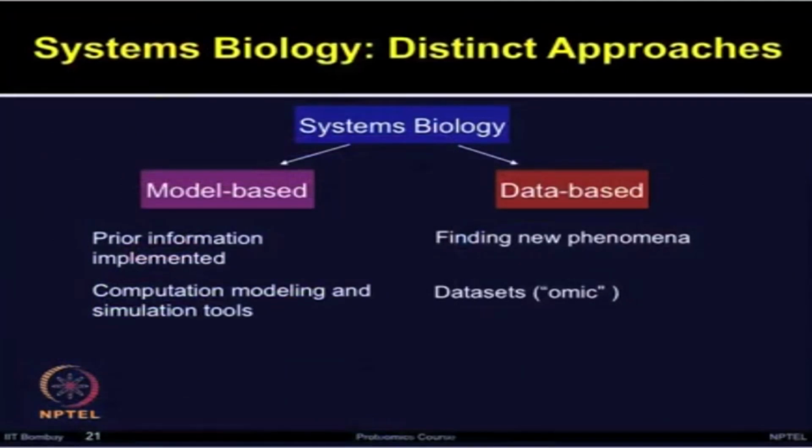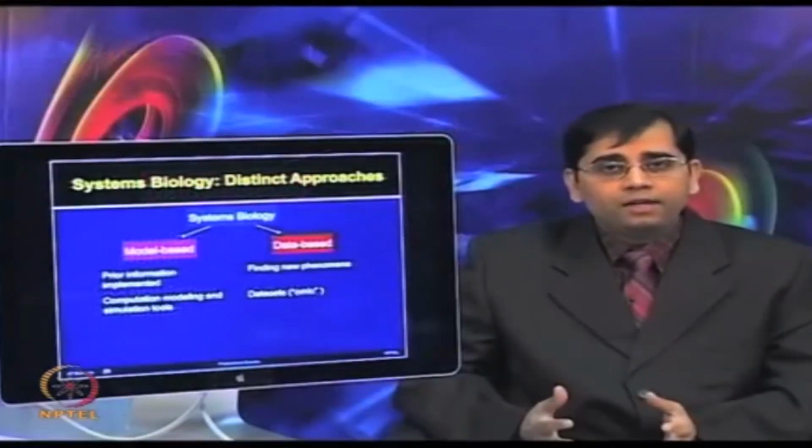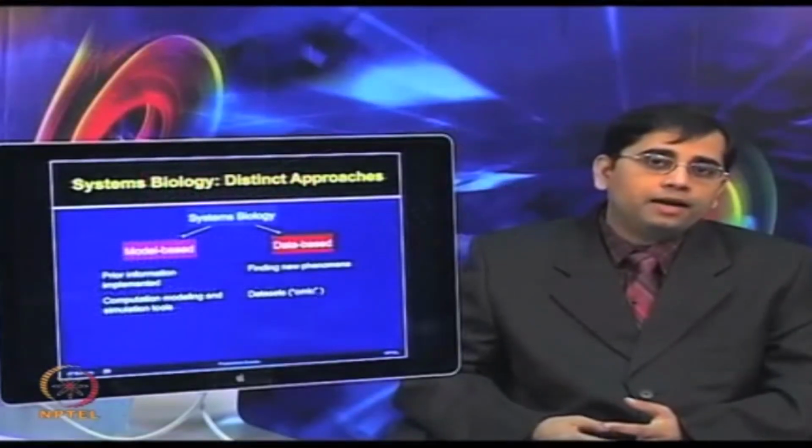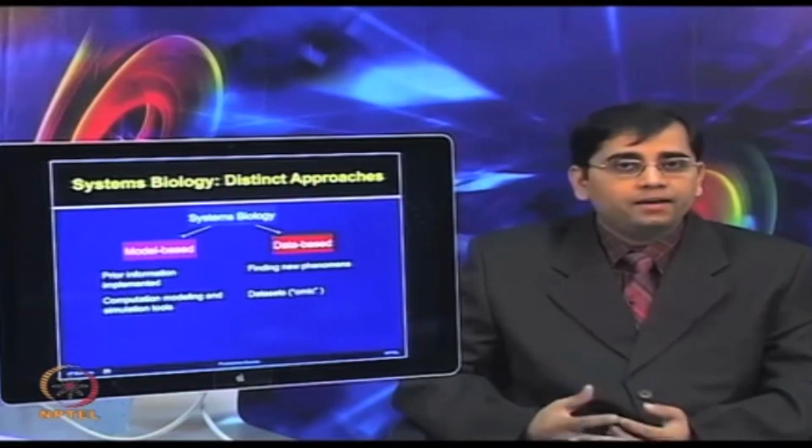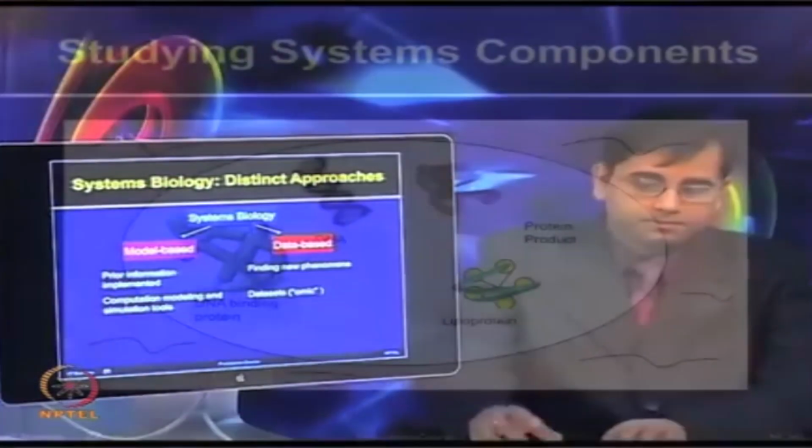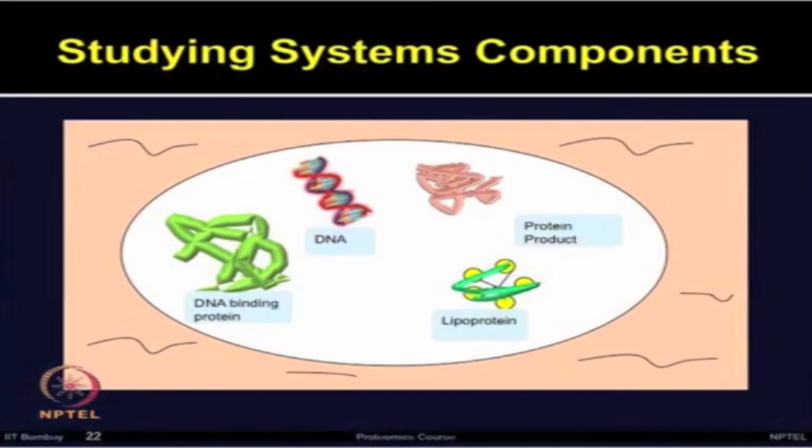So, in the model based systems biology approach, it is difficult to build detailed kinetic models, but in the data based approach, the complex relationships among the various types of omics information and metabolic pathways and networks can be created. Studying system components is very challenging.